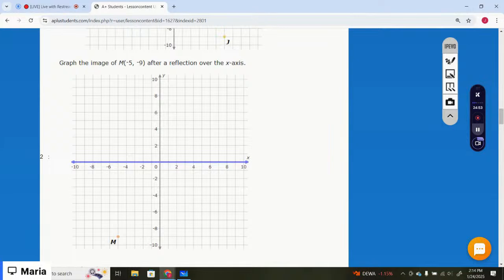Graph the image M, negative 5, negative 9, after the reflection over the x-axis. So which is the correct option?